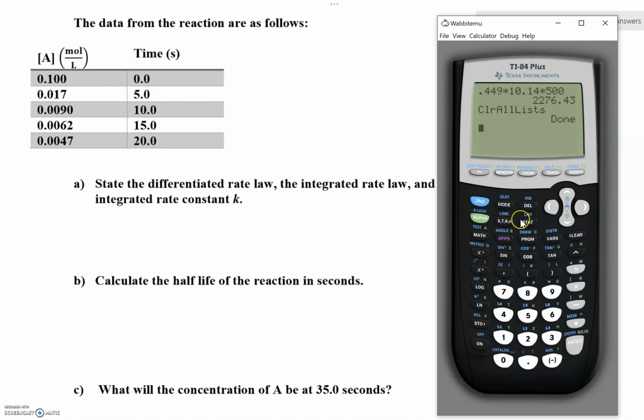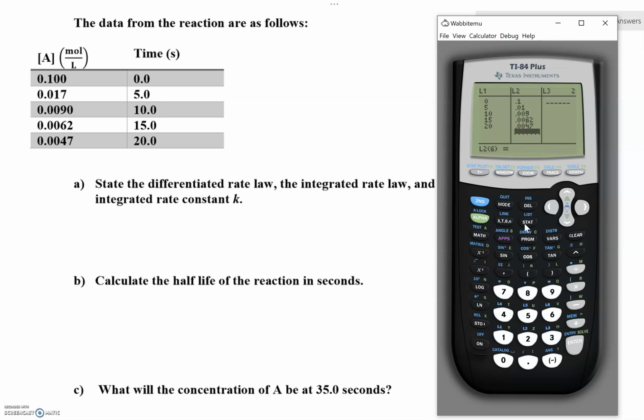So let's do our stats list, and we'll enter our time in L1. I'm not worried about the decimals. And we'll enter in L2 our concentration, 0.1, 0.017, 0.009, 0.0062, and 0.0047.